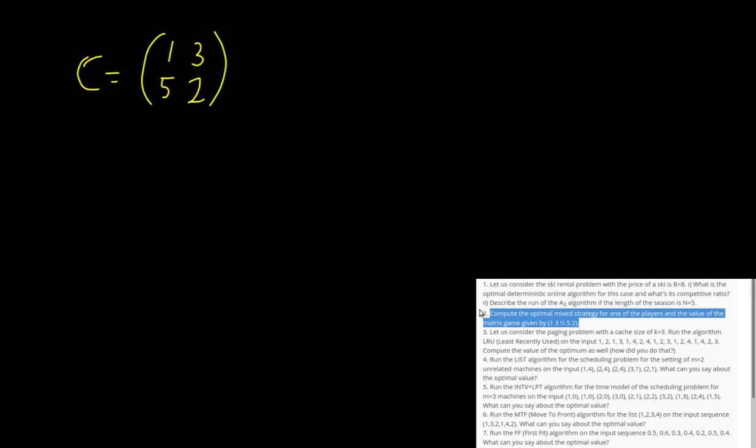We just have to compute the value of this matrix game. In these sort of questions, I'm always asking for the optimal mixed strategy, which means that both players have a probability distribution as their strategy.